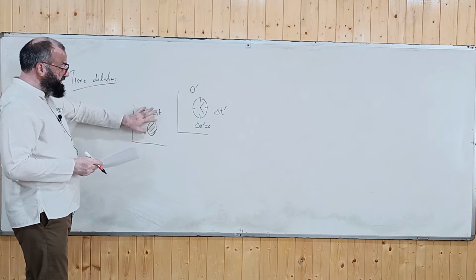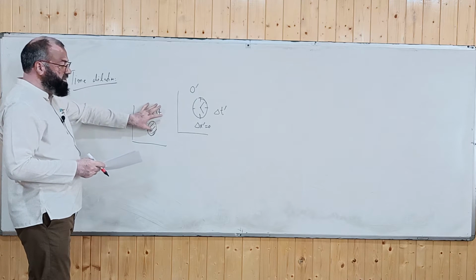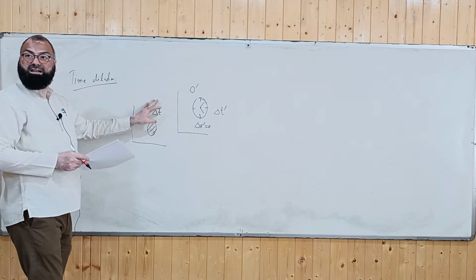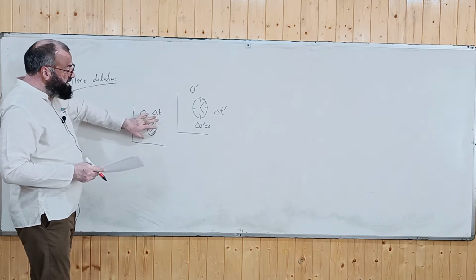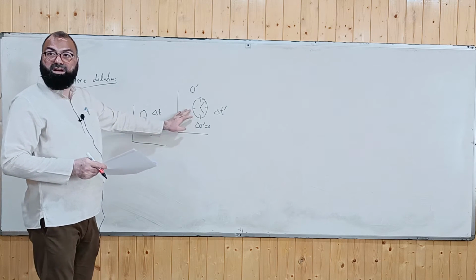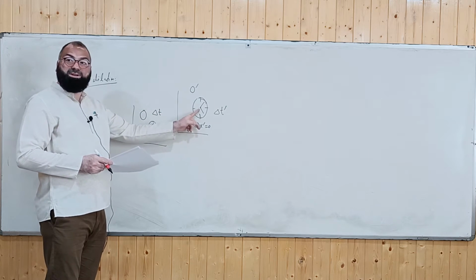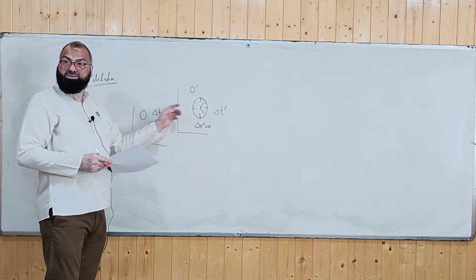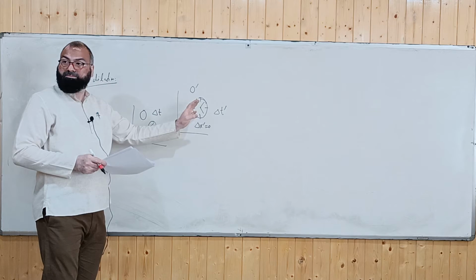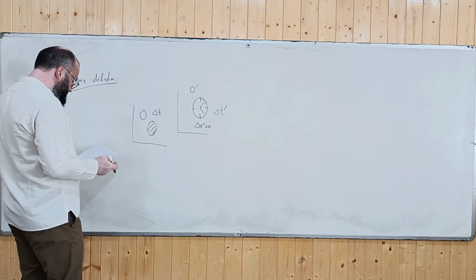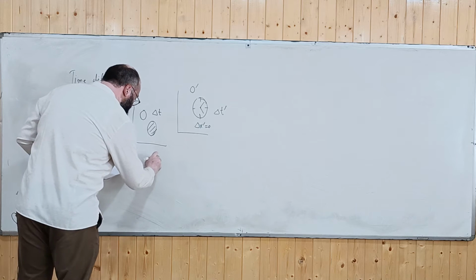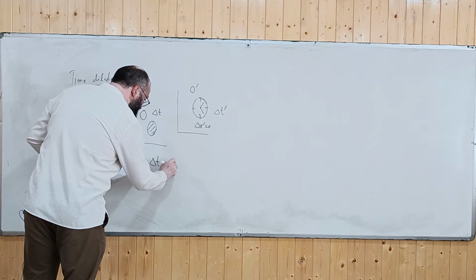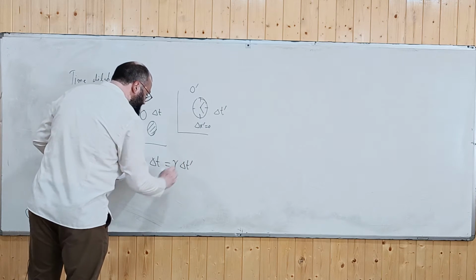So in another frame of reference, you think of this as a coordinate time. Delta t is the amount of time that is measured by us with respect to this very clock. Or in other words, I am measuring the time of this very moving clock. So there is a well-known relation between the two: delta t is equal to gamma times delta t prime.